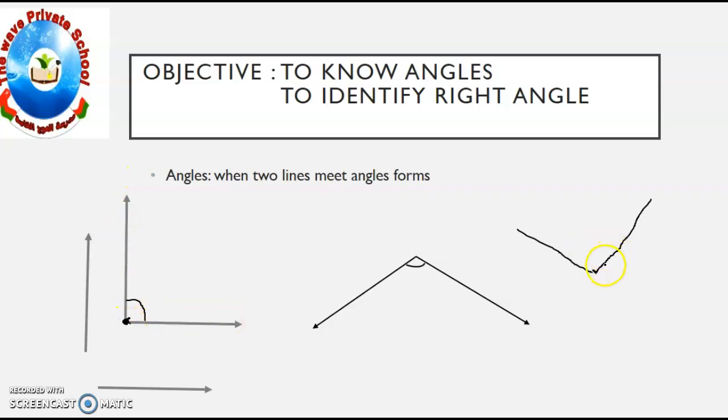Here it is an angle. To show an angle, I have to make a curve. It means that I detected an angle. So an angle forms when one line end meets the second line end. Then an angle forms.